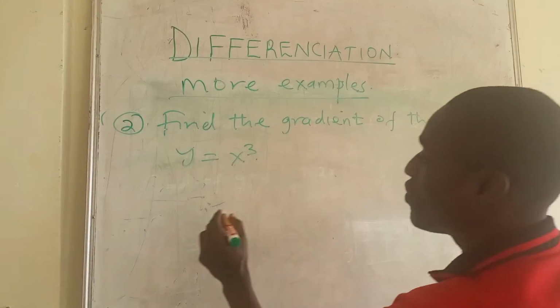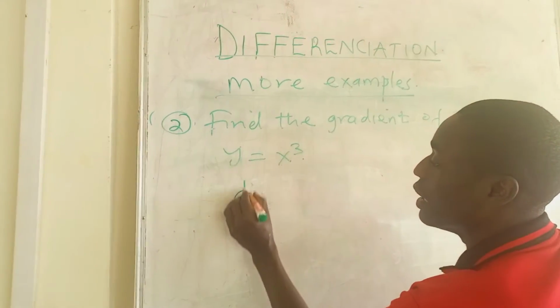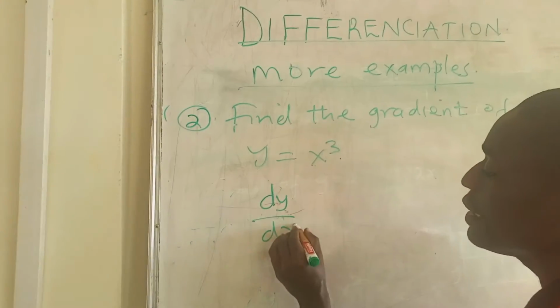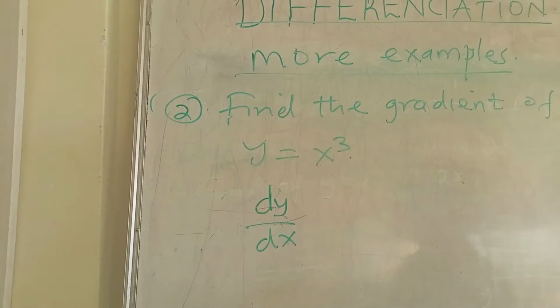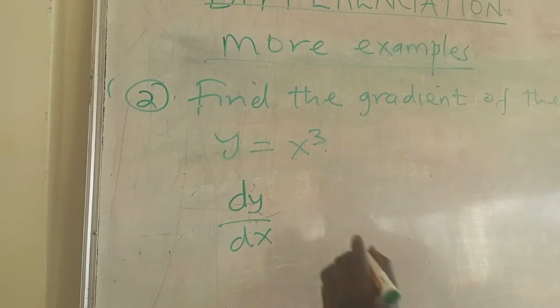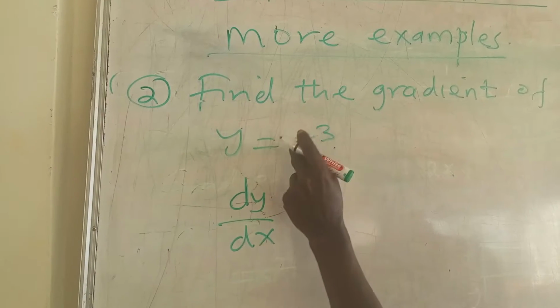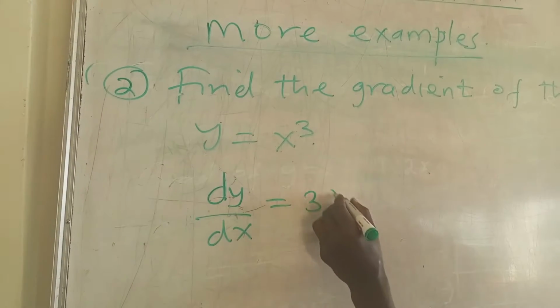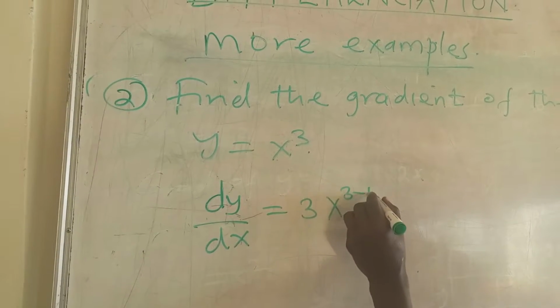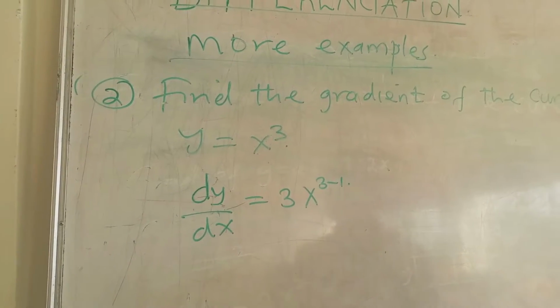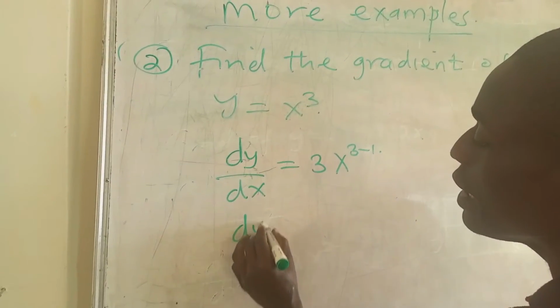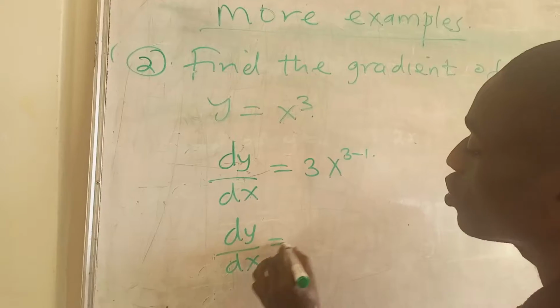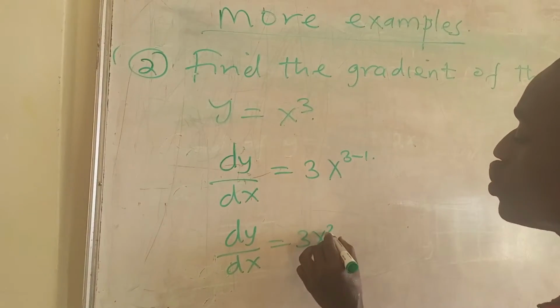Therefore, we follow the rules and we say dy dx, that is differentiating y with respect to x, is equal to lower the power, which is 3, and then reduce the power by 1, which is 3 minus 1. Therefore, dy dx is equal to 3x squared.